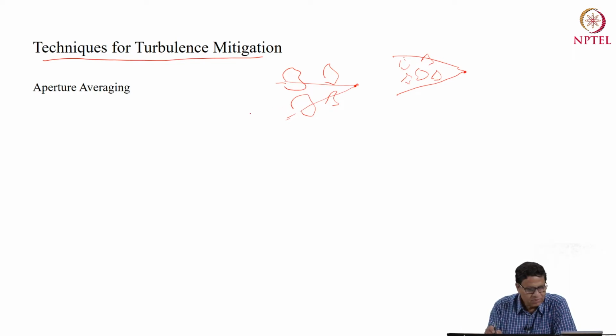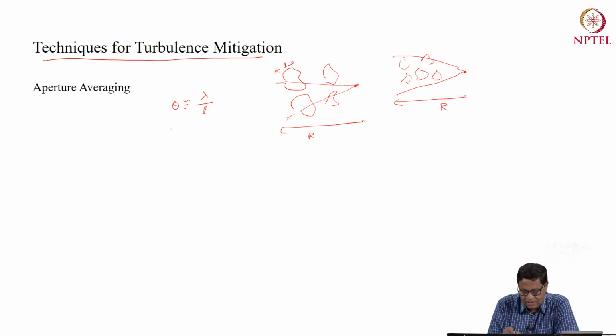If this distance is r, that is the range, and I calculate the typical angle of the cone, theta is approximately lambda by L, where L is the size of the eddy.